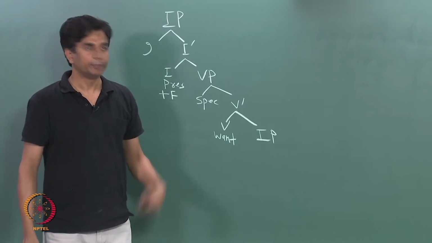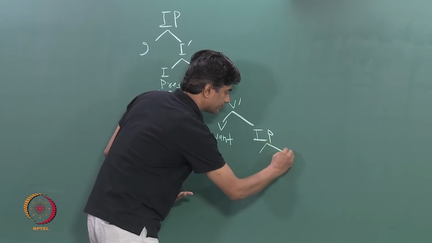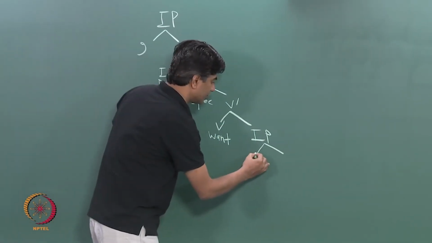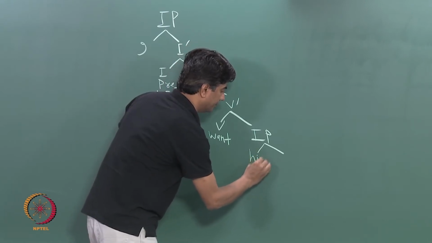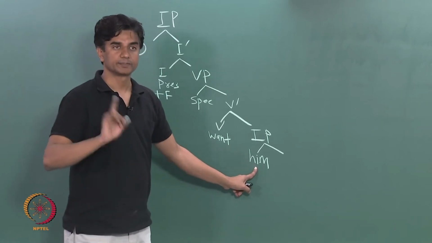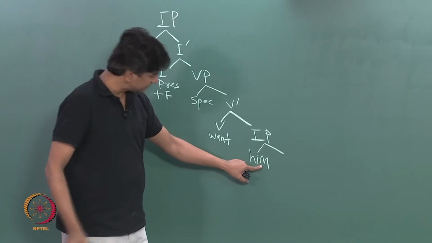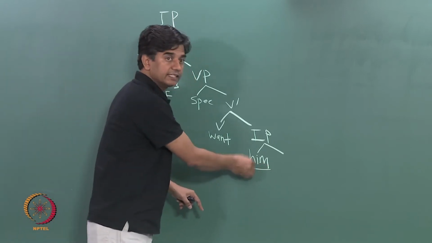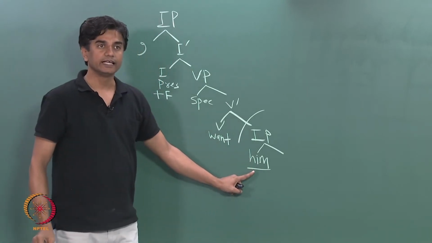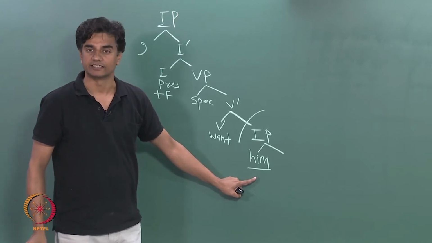All right? So again the problem is, let's draw this thing and then you will see further problem. So, here is your "him" or "John." I am putting "him" for a specific reason, that I want you to see that this NP in the subject position of the lower clause is not getting a nominative case, it's getting an accusative case.